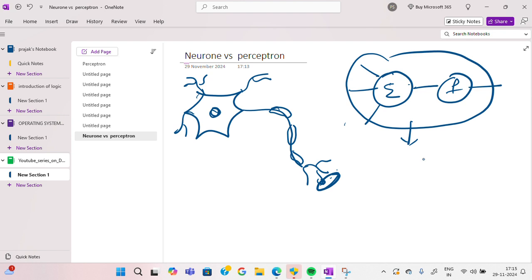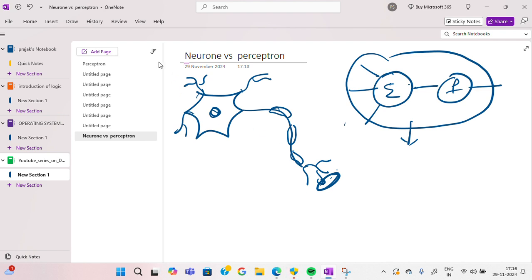This will appear in the next big video. Right now I am dealing with the basic architecture of the perceptron. So this is all about the concept.